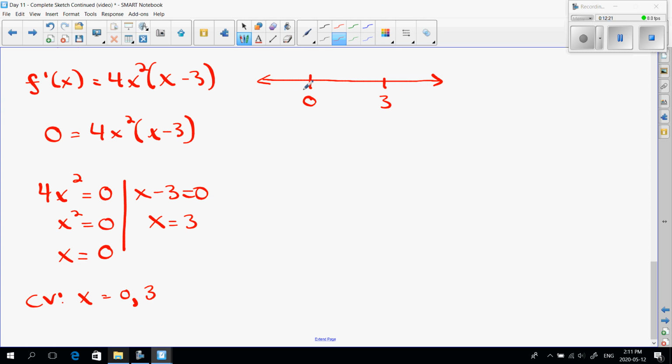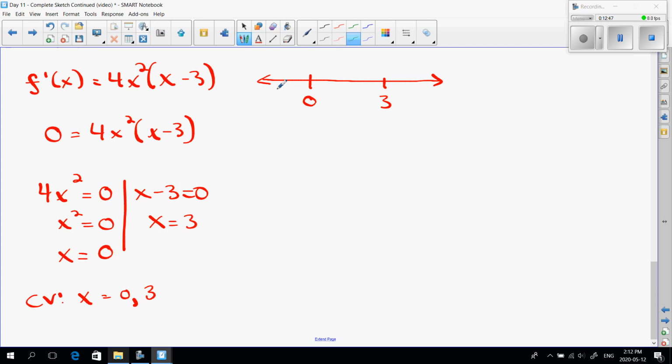So you might say, well, what are the intervals? All right, well, check this one out. It goes from 0 to the extreme left. Well, if you think of the extreme left of a number line, you're heading towards negative infinity. So this first interval goes from negative infinity to 0. This next interval goes from 0 to 3. That one's very obvious. And then the third interval goes from 3 to infinity.